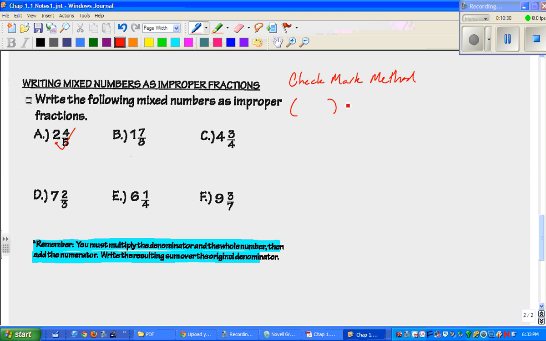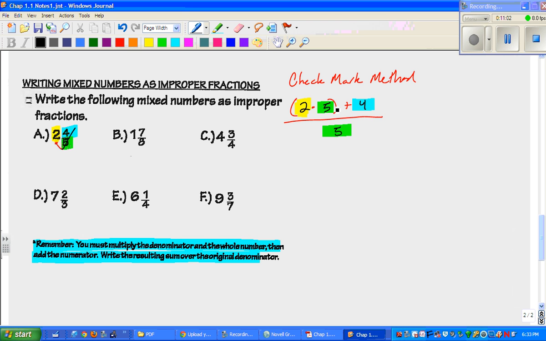So what you're going to do is we are going to fill in the blanks. And these colors are going to help us out. Okay? You're going to take the whole number times the denominator and add the numerator.